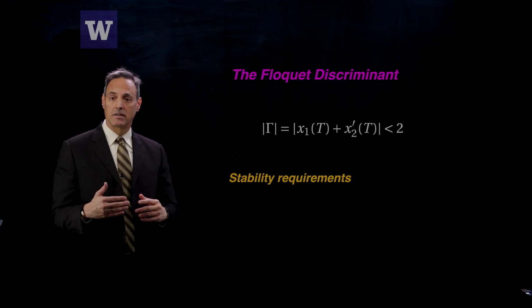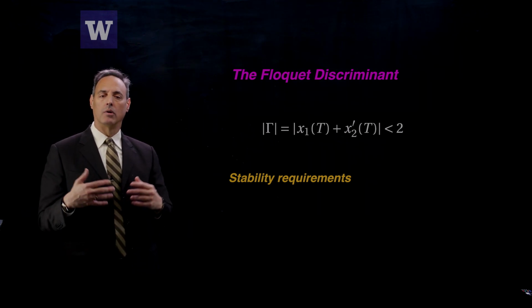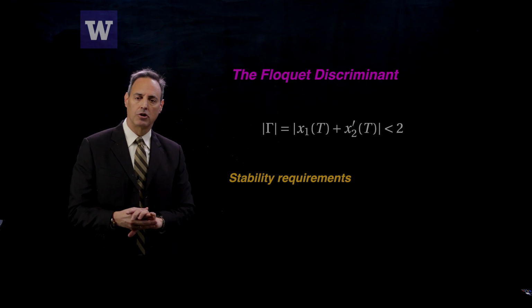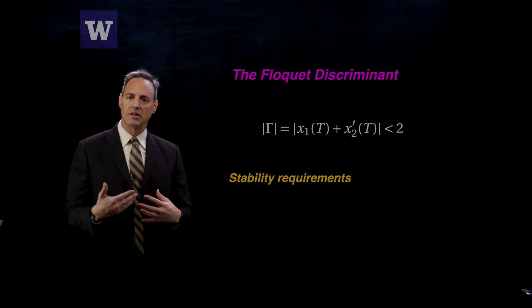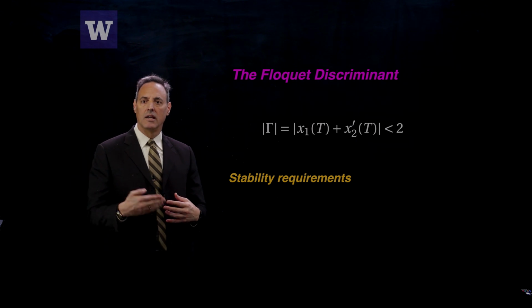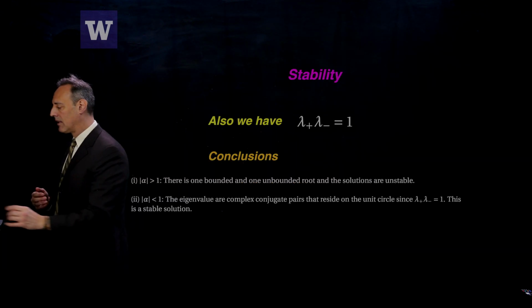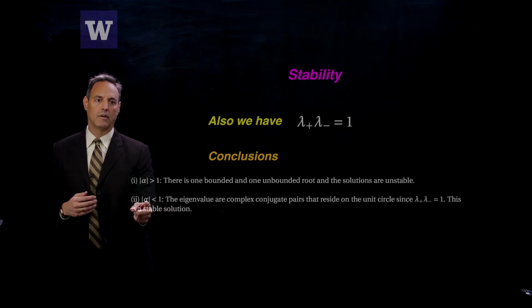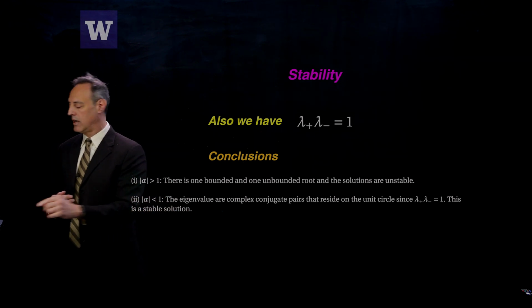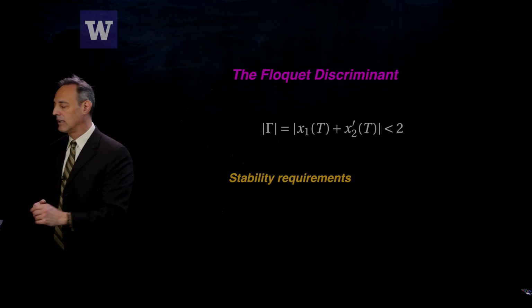In fact, with this, we can do a little bit more manipulation in algebra to compute what's called the Floquet discriminant. And the Floquet discriminant is basically going to tell me, is alpha less than 1 or greater than 1? So the Floquet discriminant is really trying to measure this equation right here. Is alpha less than 1, absolute value less than 1?